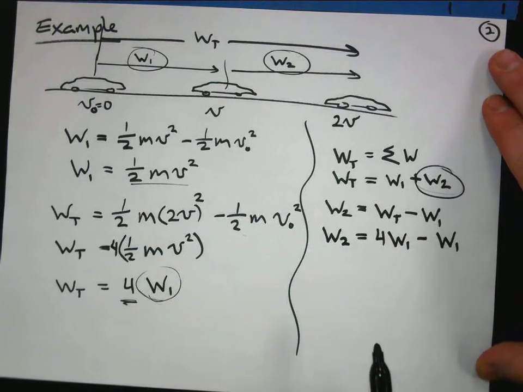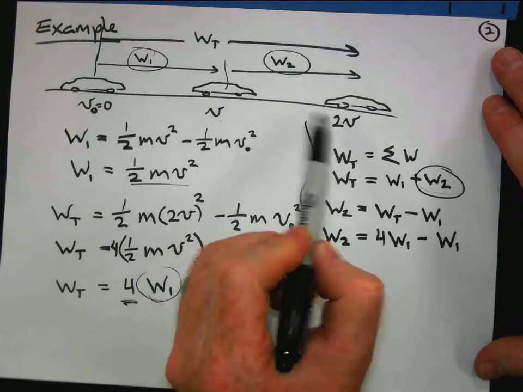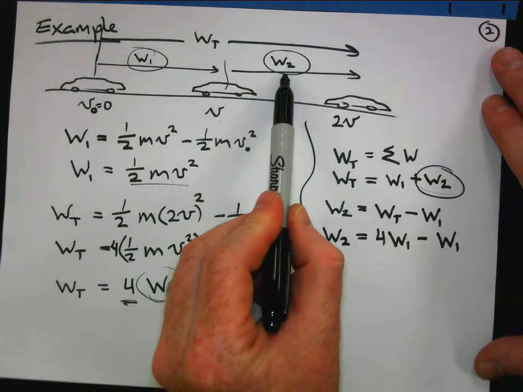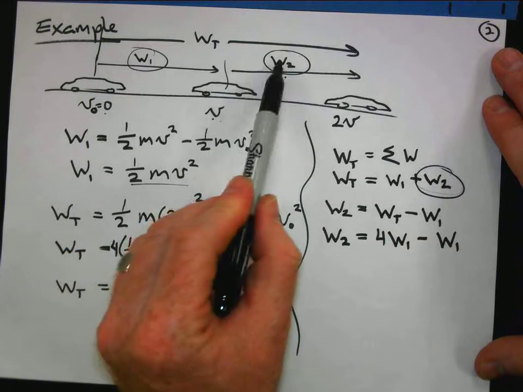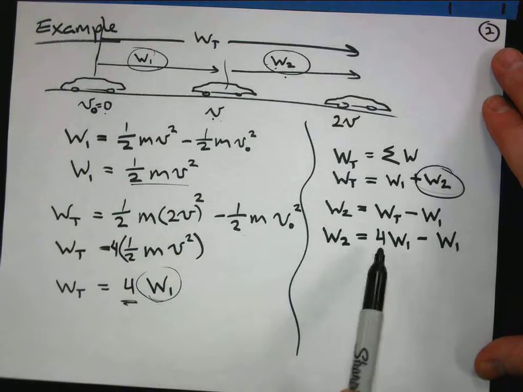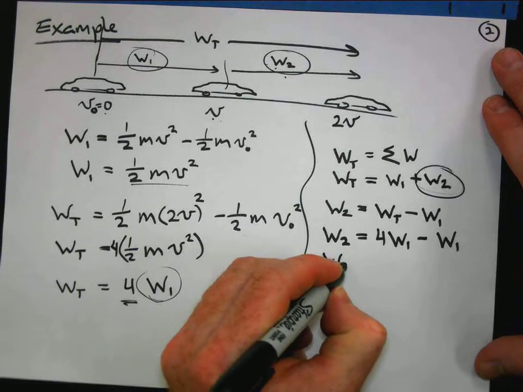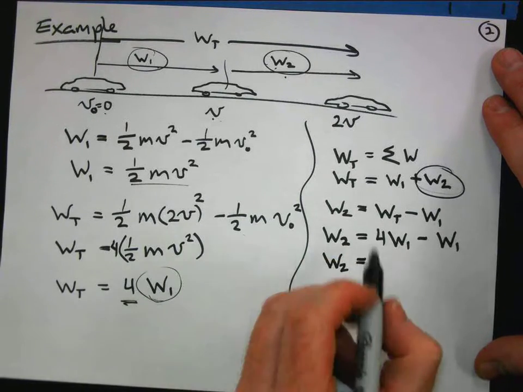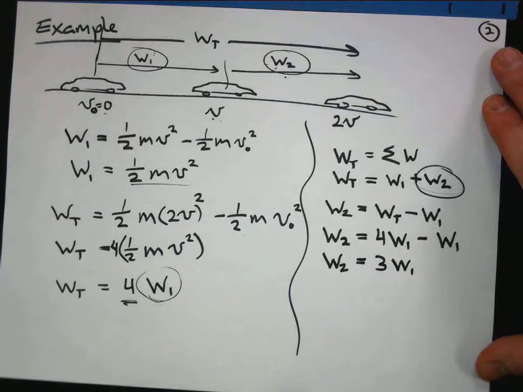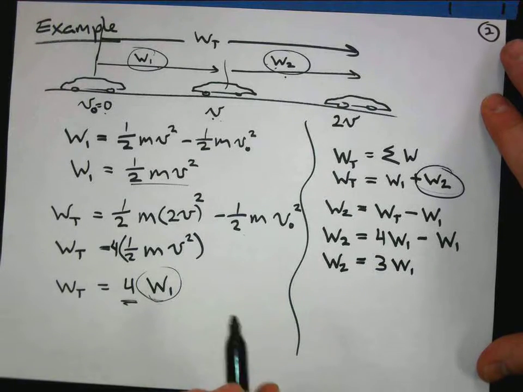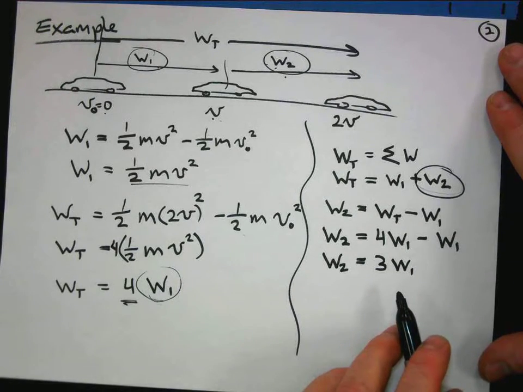So we're comparing the work done to go from v to 2v, this amount of work, to the amount of work needed to go from 0 to v. We're comparing those two values right here. That's what we're doing. And it turns out that work 2 is equal to 3 times the value of work 1. Not exactly intuitive, but it's worth understanding how we got here.